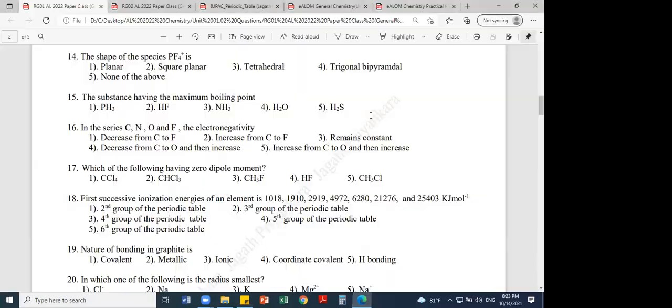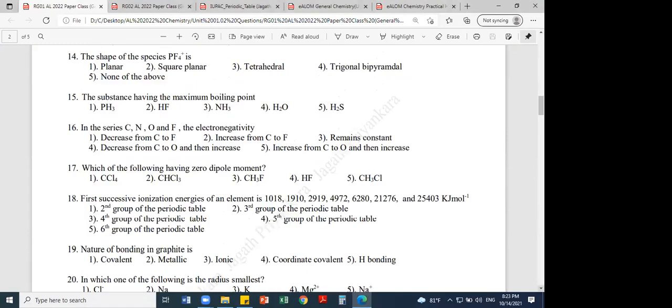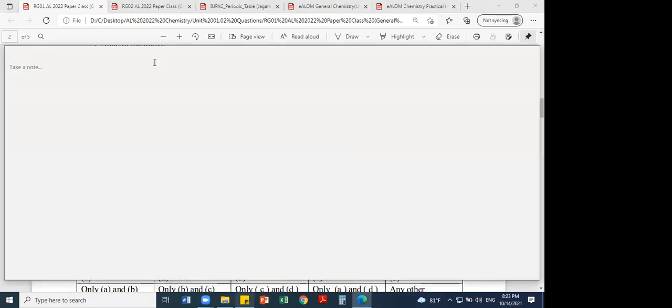Question number 15: which one has the maximum boiling point? Can you quickly post the answer for the 15th MCQ? What is the most correct answer? Any volunteers? You can quickly post the answer.